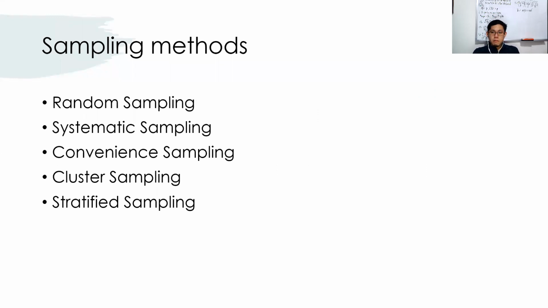So there are 5 sampling methods. So random sampling, systematic sampling, convenient sampling, cluster sampling, and stratified sampling. So these sampling methods may or may not use statistical tools in order to determine your sample.